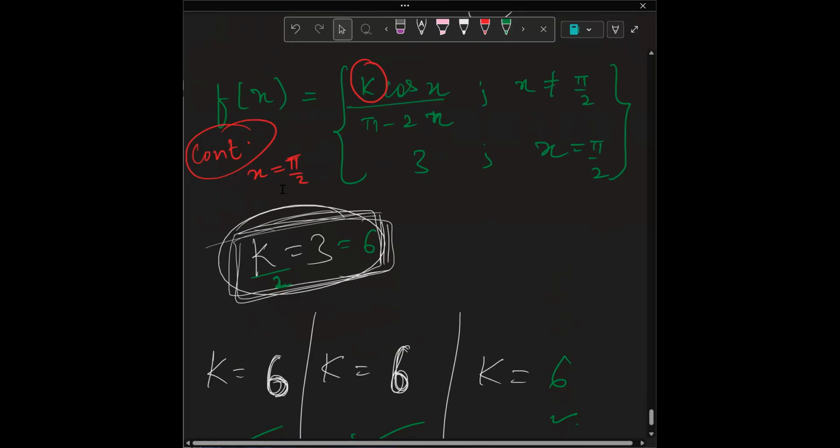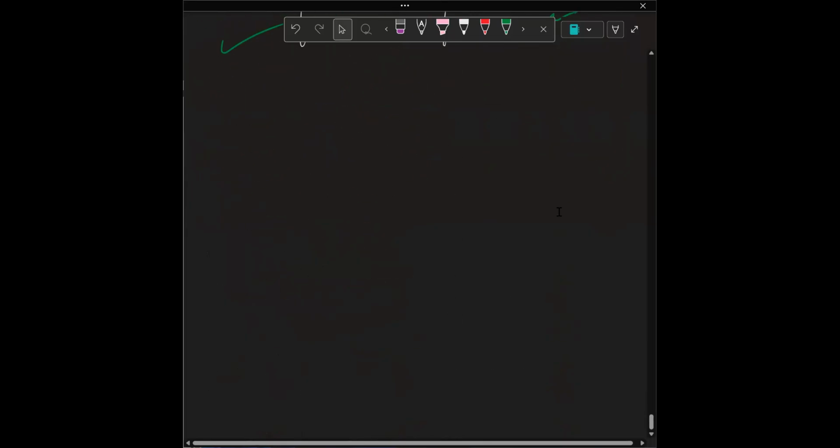You have to check the continuity at x equals to pi by 2. It is given that this function is continuous at x equals to pi by 2. Then what is the difficulty in solving this question? Just you have to find the limit for this, and just you have to equate it to 3 because the function value at pi by 2 is 3. See how we can solve this.